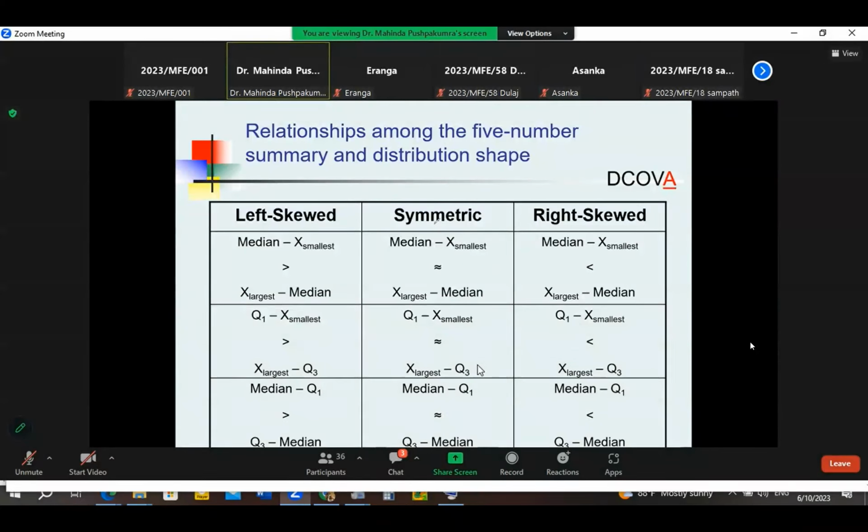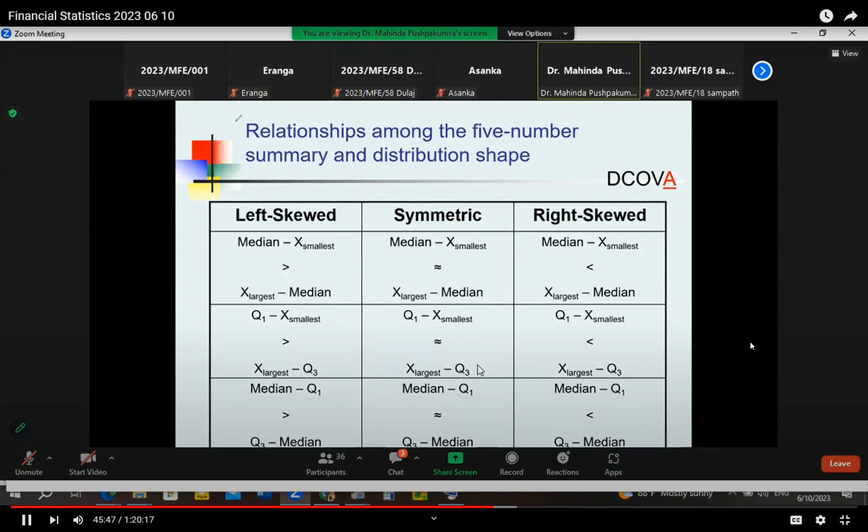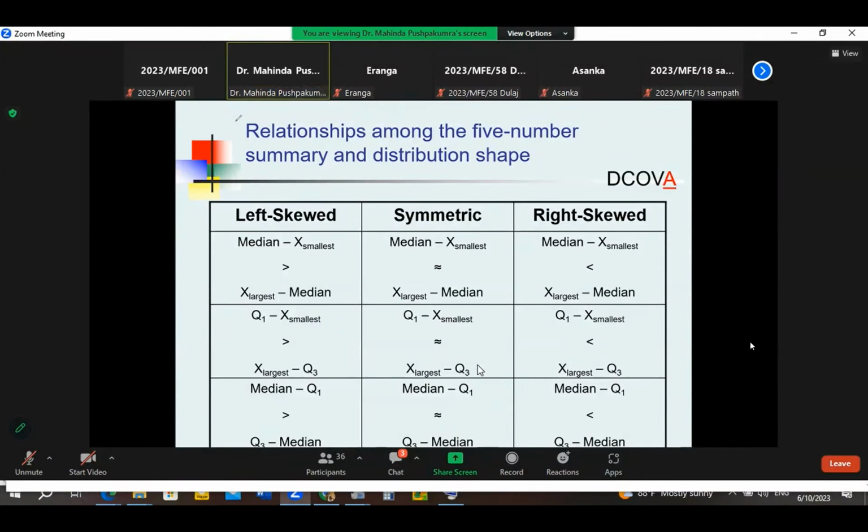Now, do you have any idea why it is left skewed and right skewed? If the distribution is symmetrically distributed, it is something like this. Then this is the minimum value, this is the maximum value, and the median and mean are here.